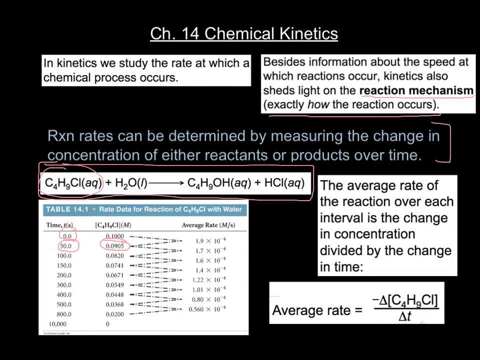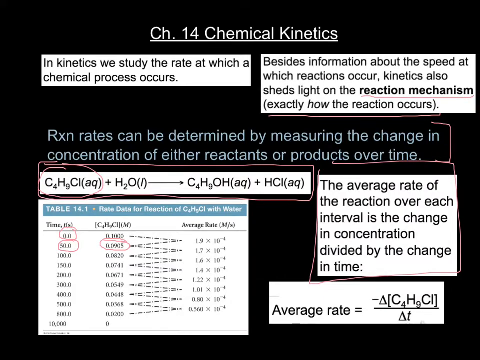And that makes sense because, in a chemical reaction, your reactant concentration is going to decrease. It makes perfect sense. Now, to figure out the rate of that reaction, we look at the average rate of reaction, and we calculate that by measuring the change in concentration over the change in time.